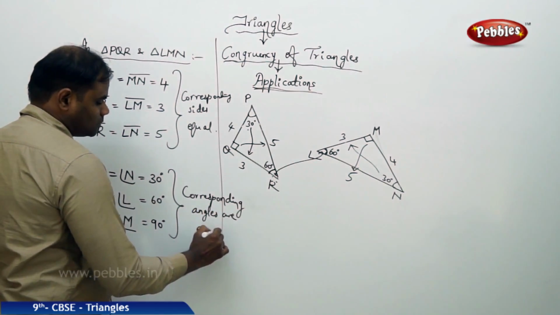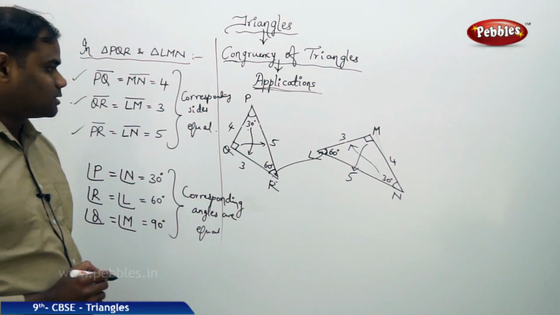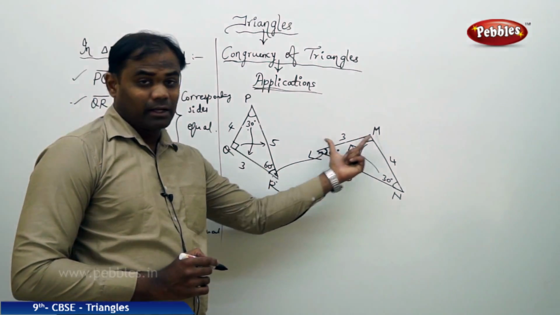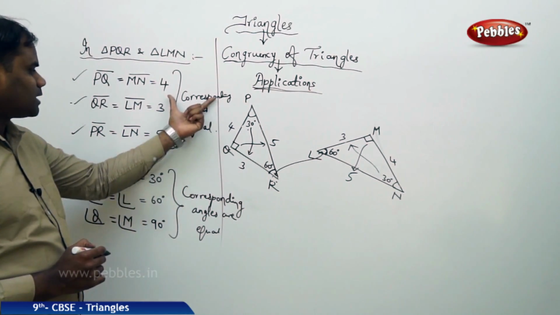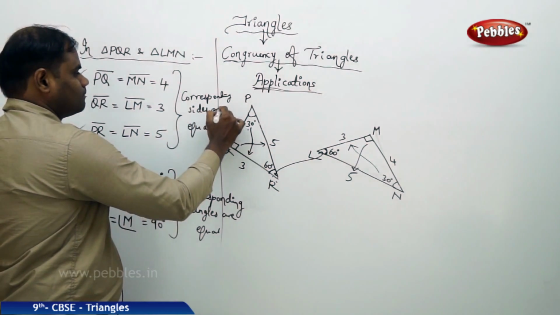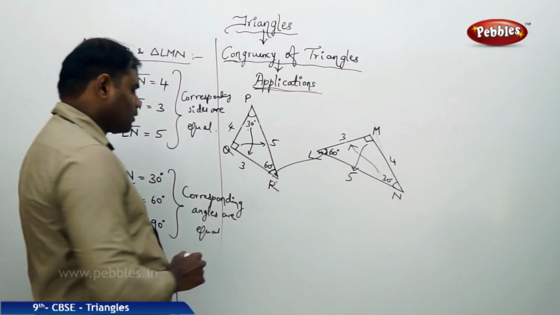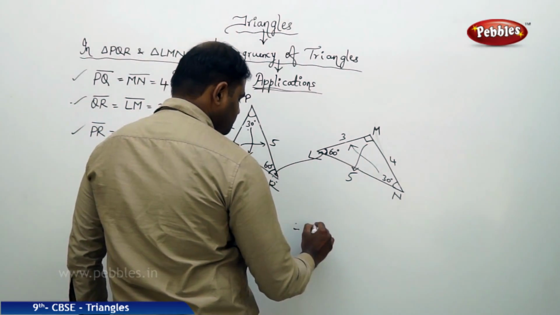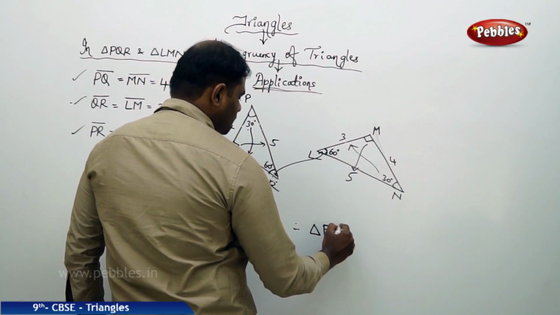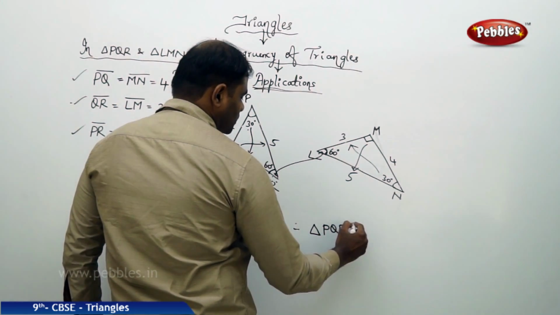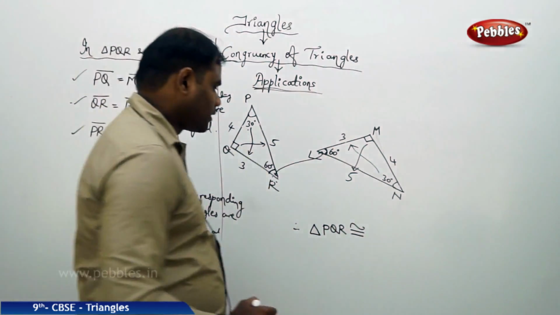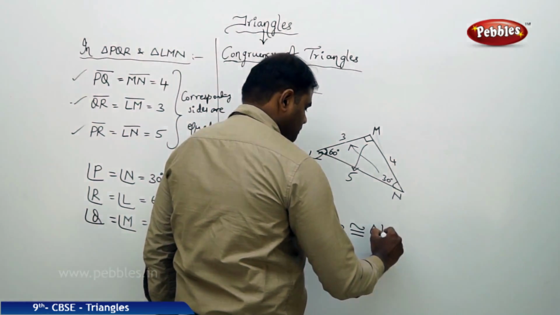Now, since for the two triangles PQR and LMN, the corresponding sides are equal and the corresponding angles are equal, therefore I can say triangle PQR is congruent to triangle LMN.